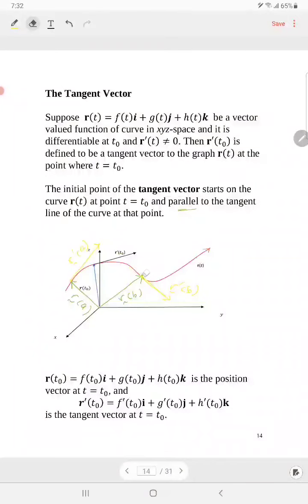But let's say your t is b and you are here, then that is the tangent vector at point t equals b. So it differs depending on where you are on the curve. Remember, tangent vector starts on the curve at point t equals t naught here, t equals a in this case, and t equals b in this case. It starts on the curve and it is parallel to the tangent line. That is called tangent vector.